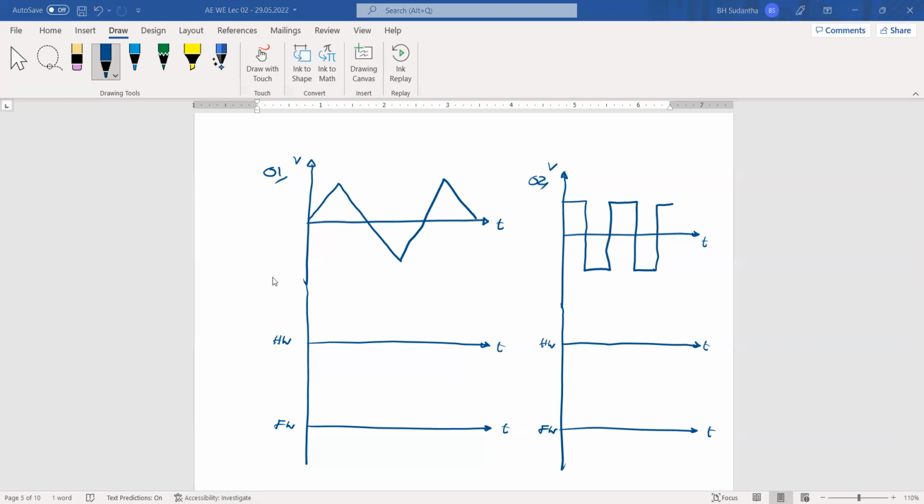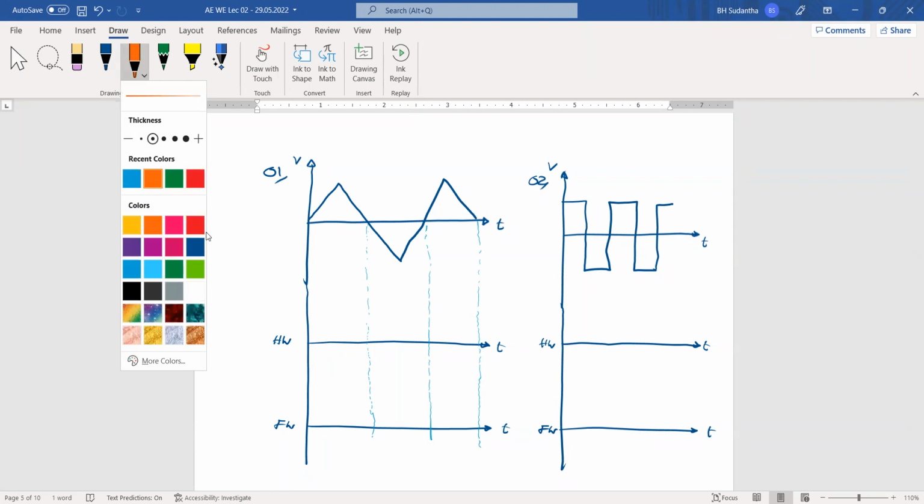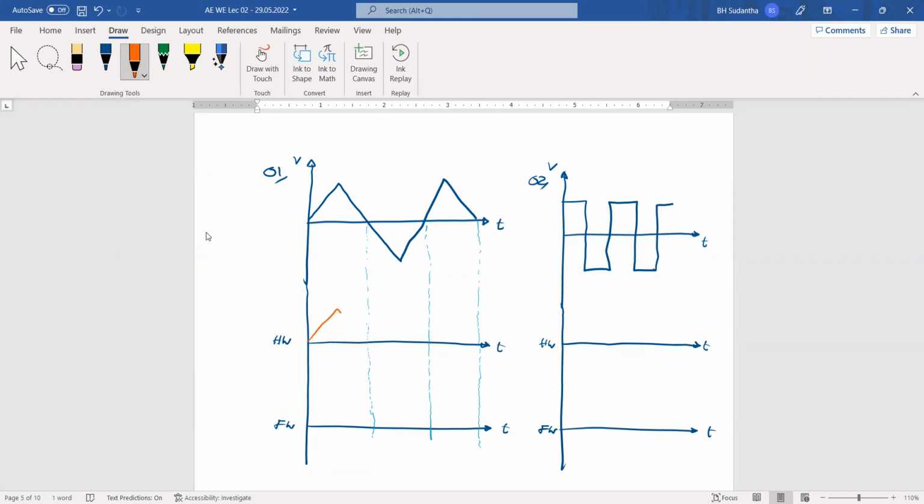Okay, here we can draw these ones. With that half-wave rectifier, you know that it only gives positive cycles, so this positive cycle will be received, and during this period it gives 0 voltage.